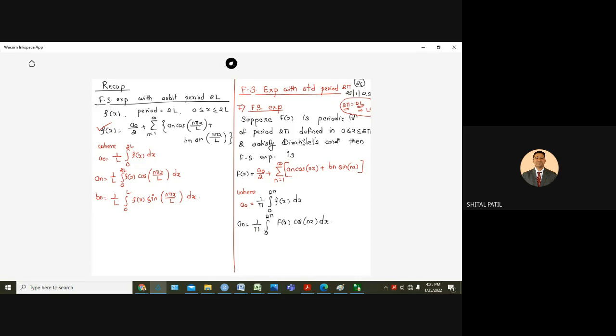Okay, b n equal to 1 upon pi integration 0 to 2 pi f of x sine of nx dx.